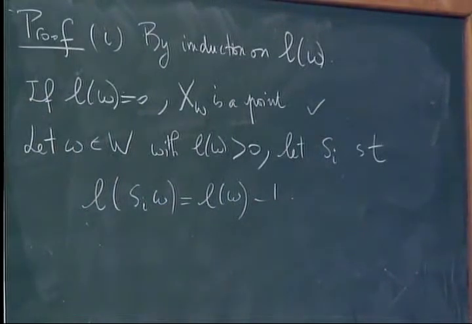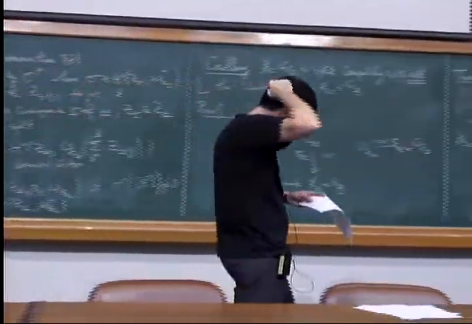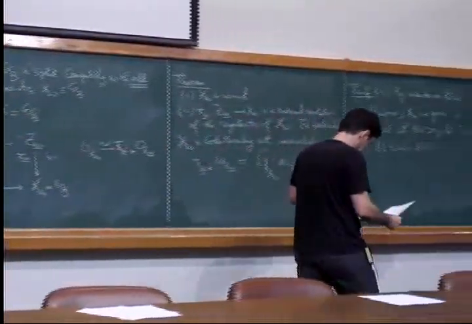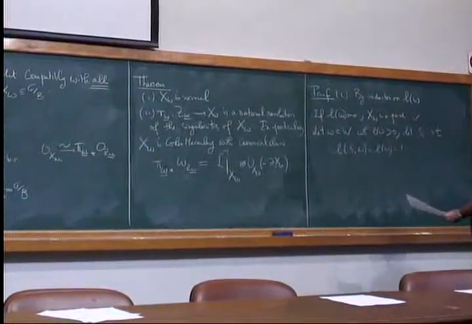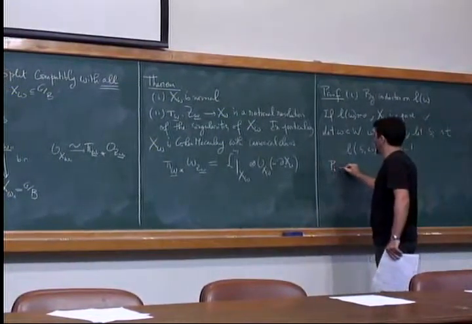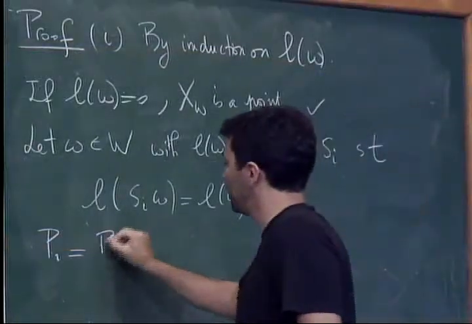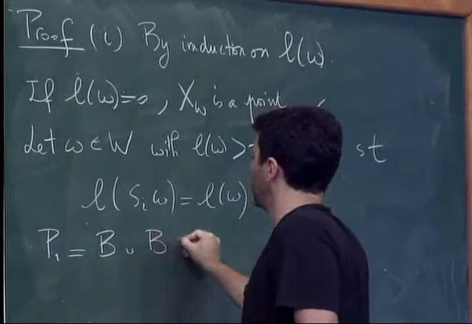So we saw a way to construct the Schubert variety by induction. So we are going to use this construction. Again, we call Pi the parabolic generated by B and Si.